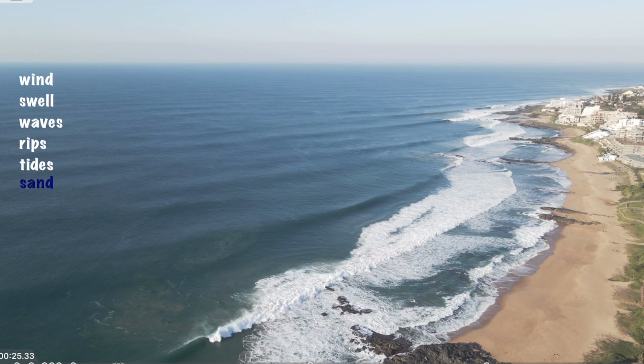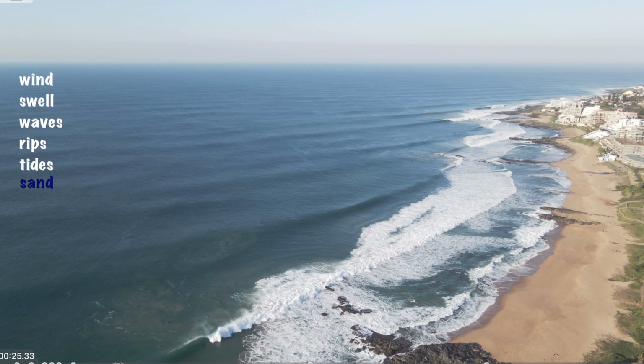One that we haven't mentioned too much is sand, but that's purely because sand is also a variable element. However, it is a much more complex topic to understand. And so we will leave that for a later stage once you guys' knowledge and awareness in the surf zone and the ocean in general has been taken up a level.